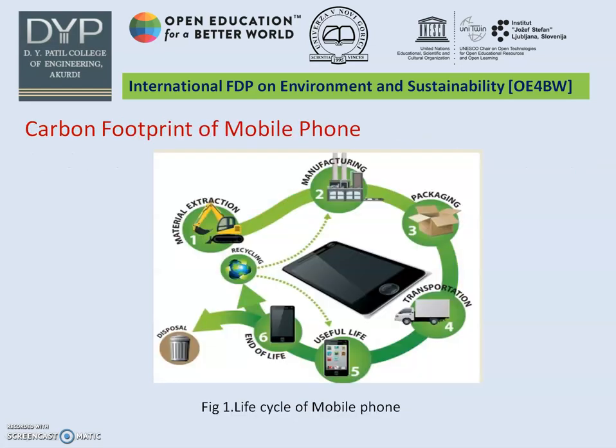Now, the carbon footprint of a mobile phone depends on the life cycle of the mobile. It starts from material extraction, then manufacturing, packaging, transportation, useful life, then end of life. It may go to recycling or it may go to disposal.